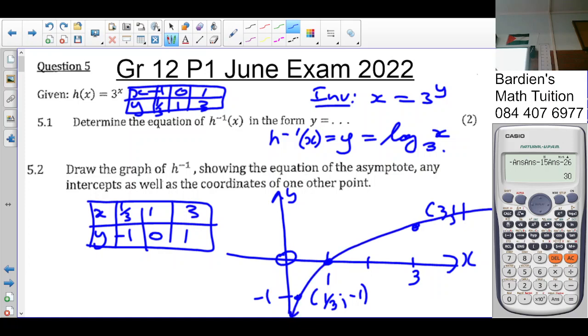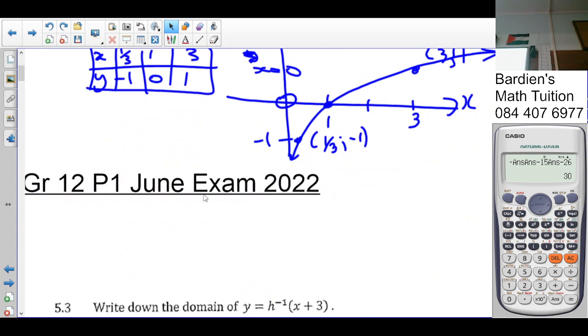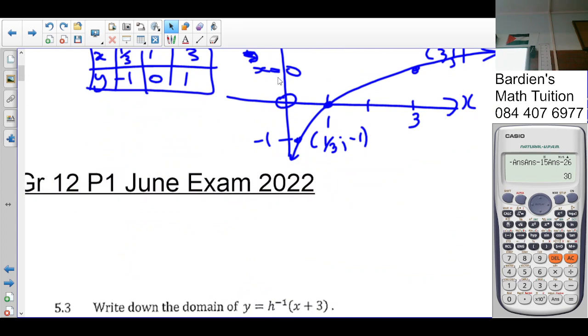Either 1 and 0, a third and negative 1, or 3 and 1. The equation of this asymptote is x is equal to 0 if needed. I don't know why I said you need the equation of the asymptote. Normally, if it's on your y-axis, we don't normally ask that. I also didn't penalize you if you didn't put that down.